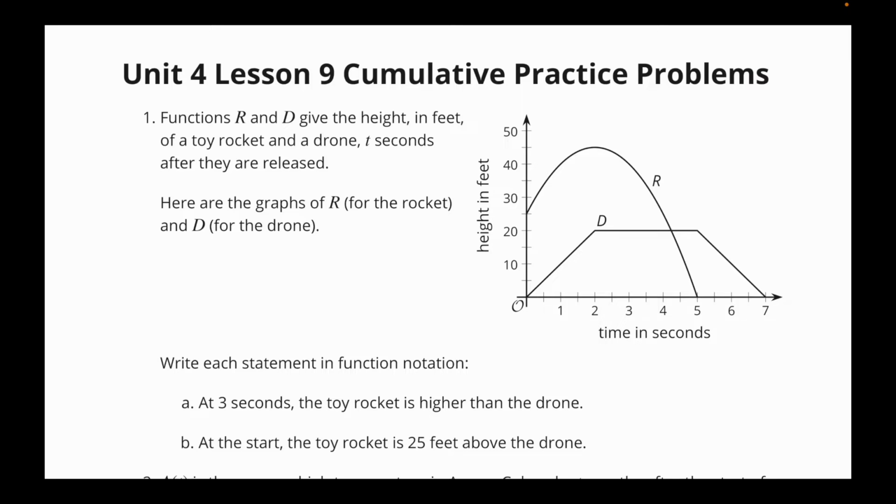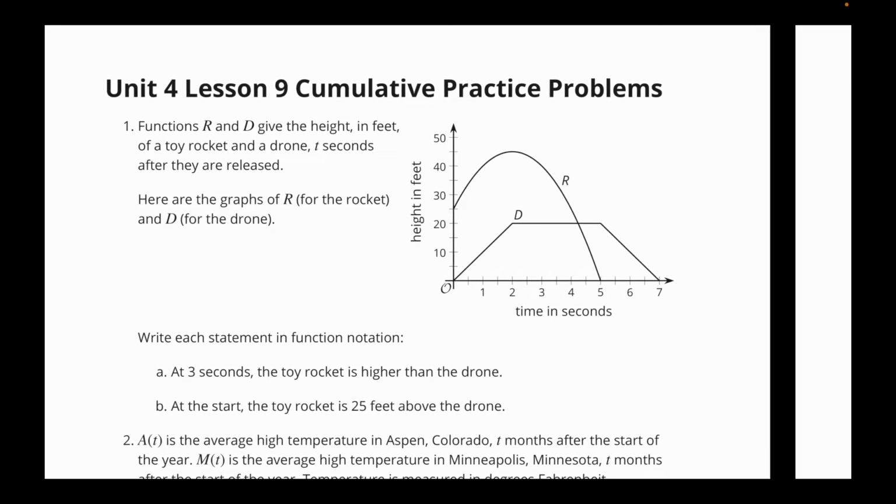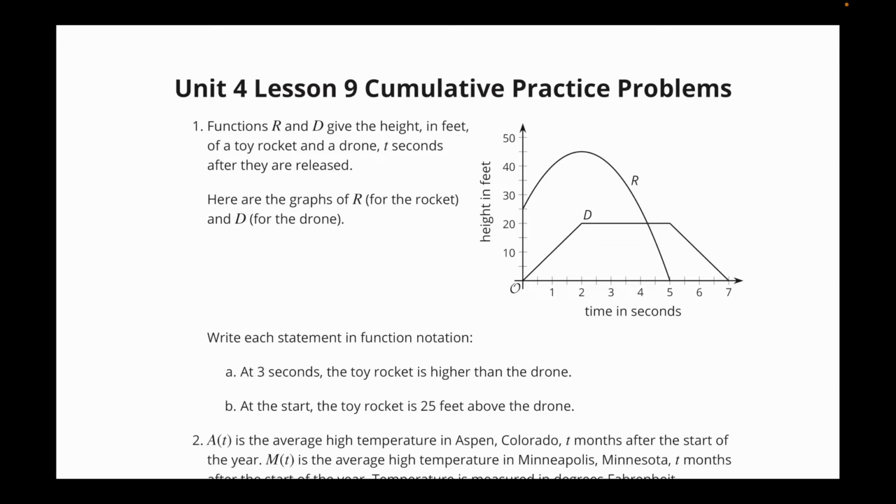Okay, so write each statement in function notation. That's what we're doing here. At 3 seconds, the toy rocket is higher than the drone. So we're going to say R, because that represents the toy rocket, of 3.